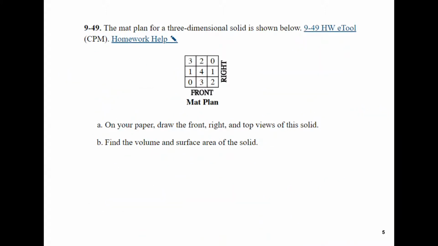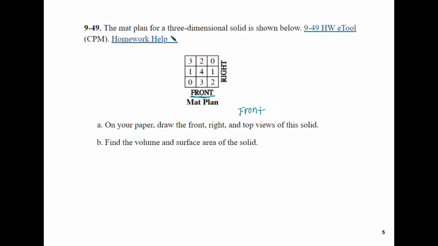Question 9-49 says the map plan for a three-dimensional solid is shown below. On your paper, draw the front, right, and top views of this solid. So you want to pay attention when you're drawing your front view that you are looking at the correct mark.